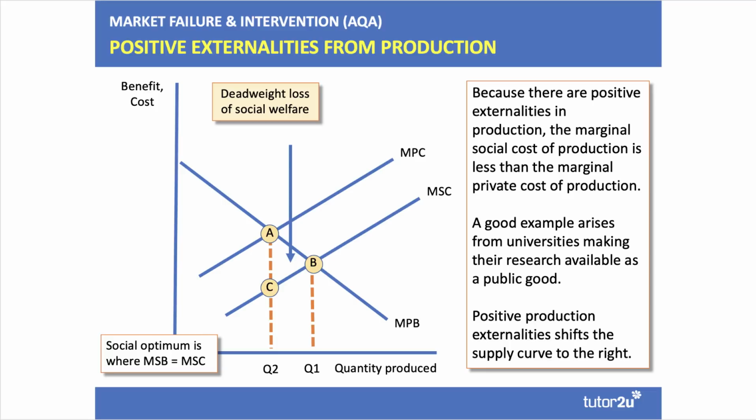Positive production externalities, in theory, shift the supply curve to the right. The social cost lies below the private cost. Again, we tend to underconsume from society's point of view, leading to a deadweight loss of welfare. I think the key thing about externalities from an analysis point of view is to show the welfare loss, but then to evaluate the extent to which we can actually put a monetary value on many of these externality effects.